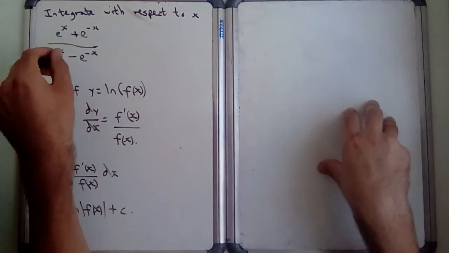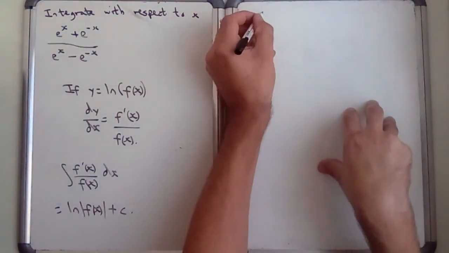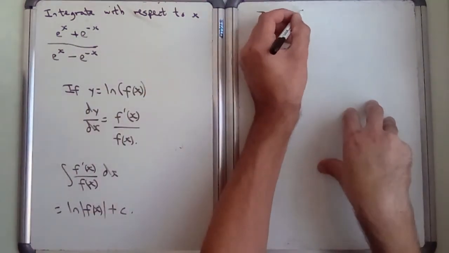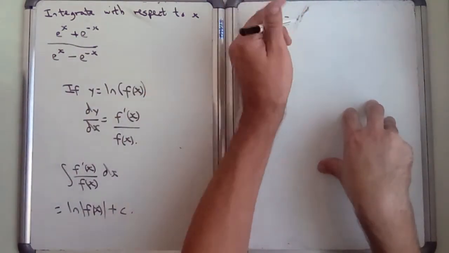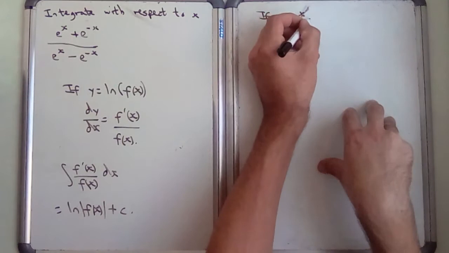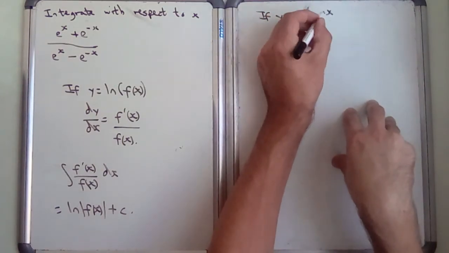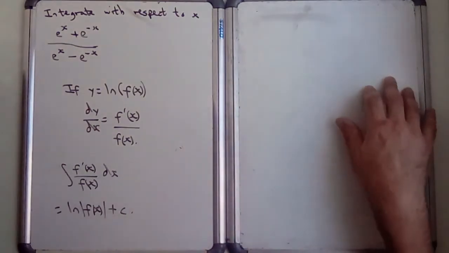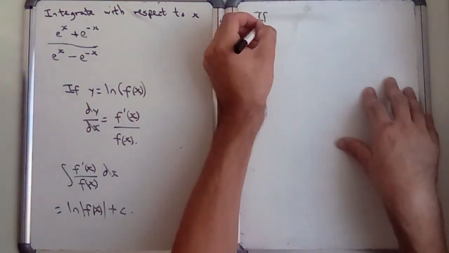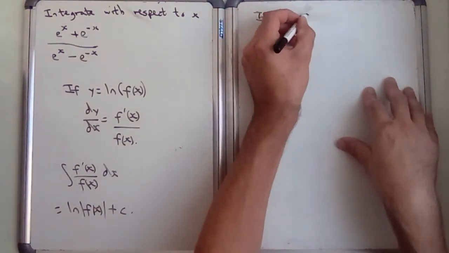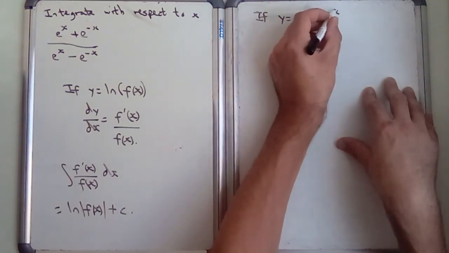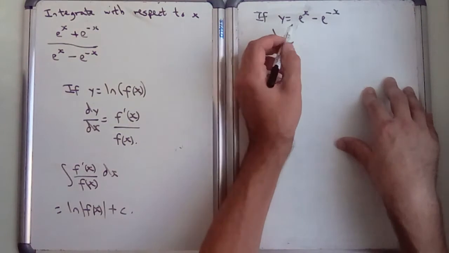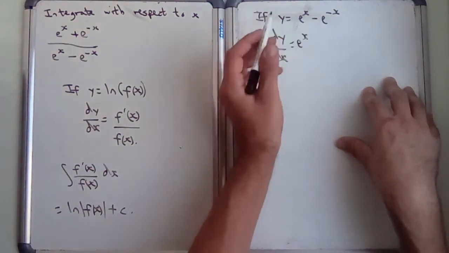If we take the denominator, say if y equals e to the x minus e to the minus x, then what is dy by dx? Well, e to the x just differentiates to itself.